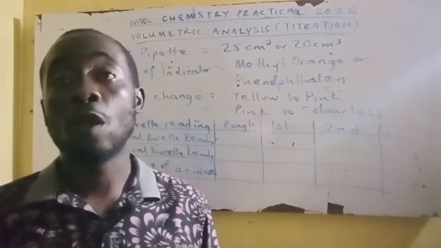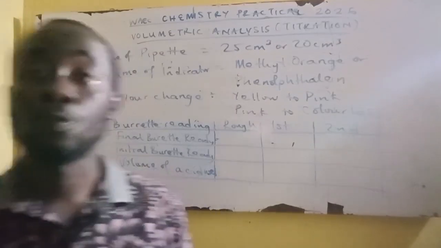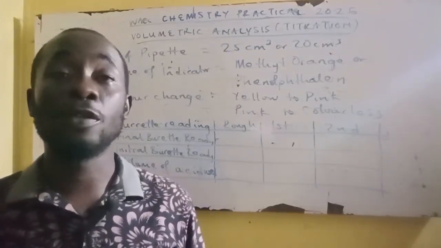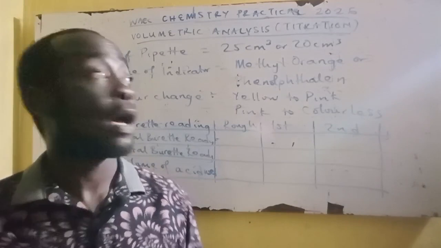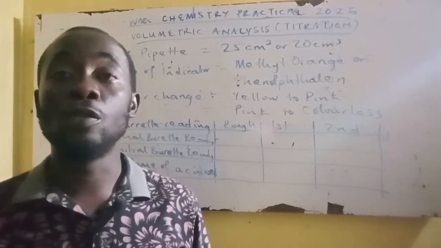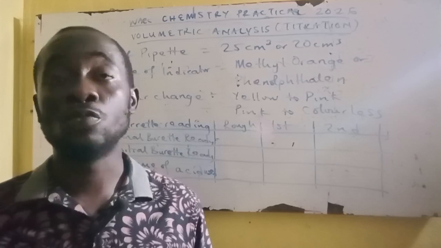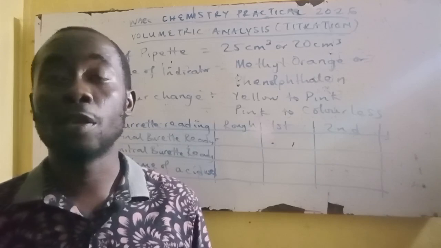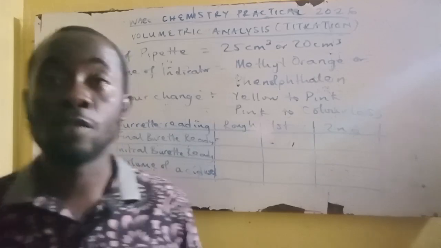Today, we are going to be dealing with the chemistry practical, the 2026 chemistry practical that we are expecting. The questions that we want to deal with in this video are going to be titration, or we can say the volumetric analysis or quantitative analysis.